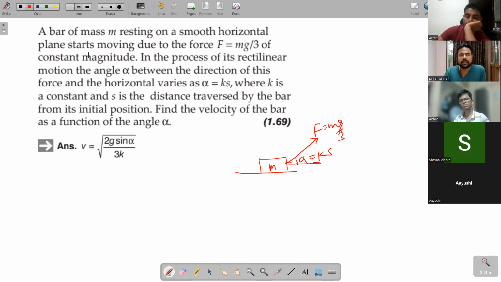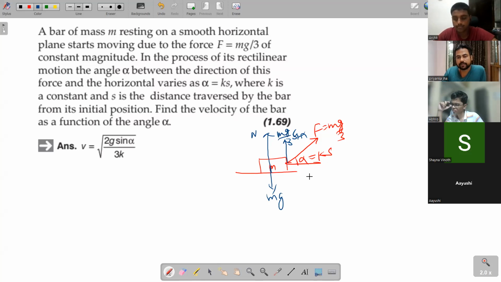First you draw the FBD. See, if you draw the FBD, you will see this surface will apply a normal force, gravity mg, and this force. Break this into two components: mg by 3 into sine alpha, and mg by 3 into cos alpha.